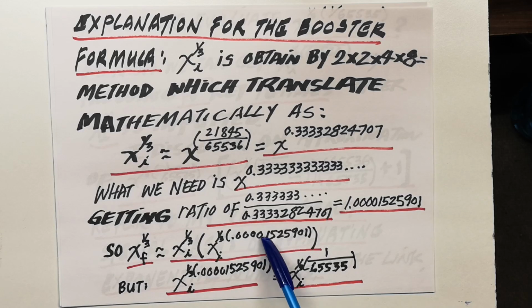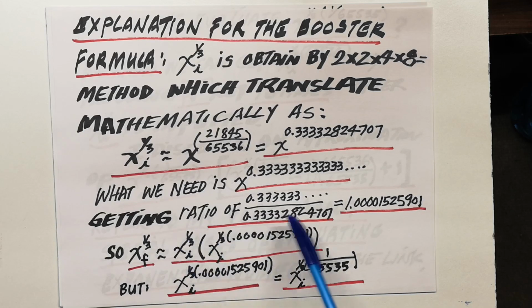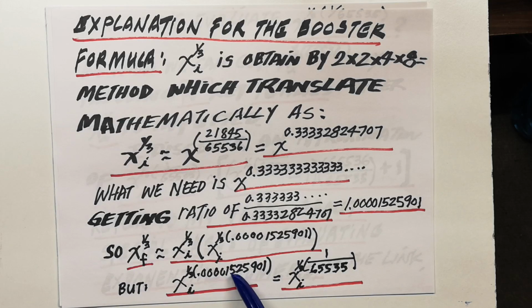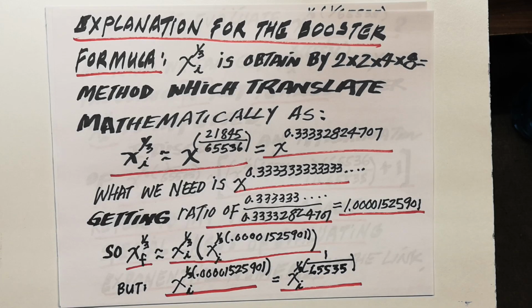So this multiplied by that will get you this one. But the cube root of x initial raised to 0.0000152591 is approximately equal to xi raised to the 1 over 65535 power.